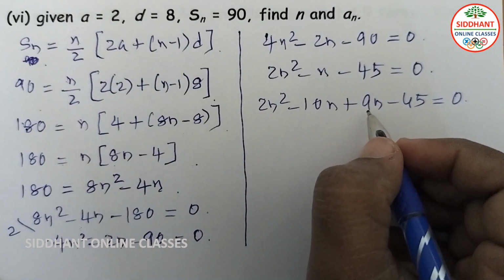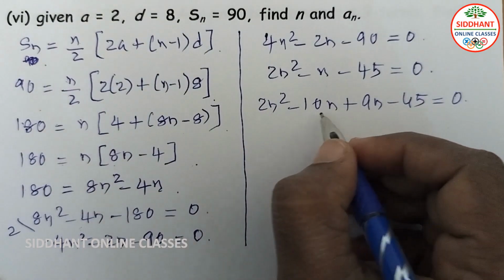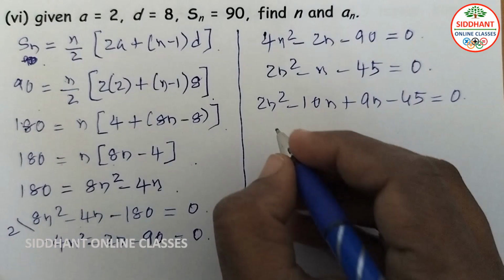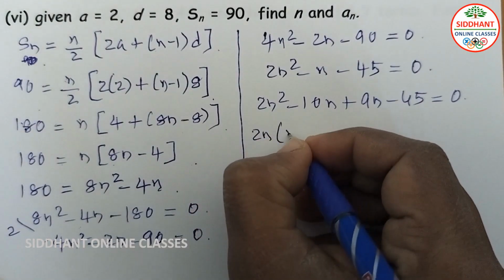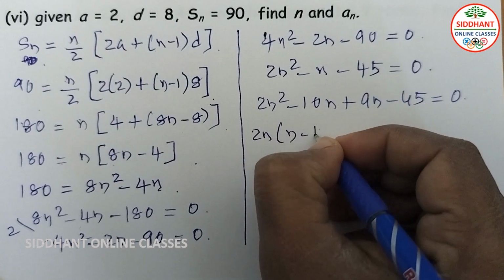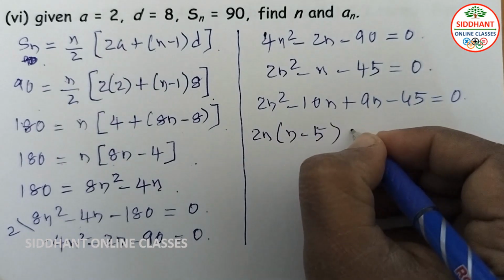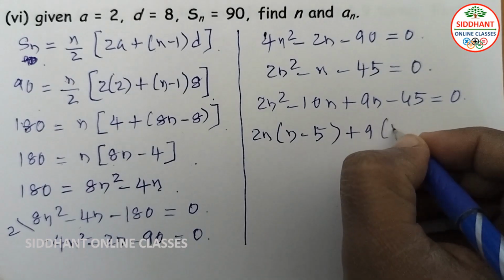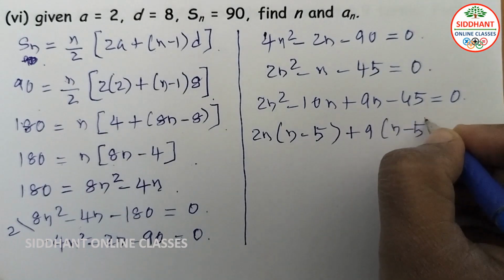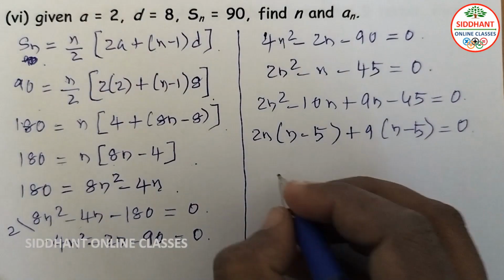So 10 into 9 is 90, and minus 10 plus 9 which will be minus n. So taking 2n common here, 2n into n minus 5, plus, taking 9 common, n minus 5, that equals 0 here.